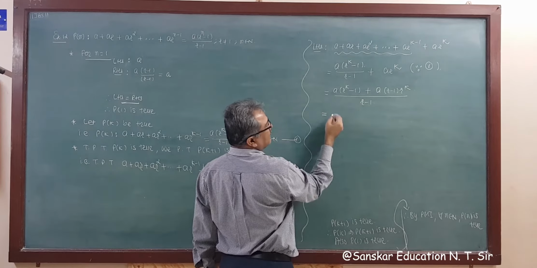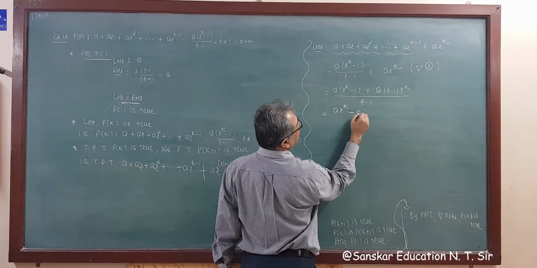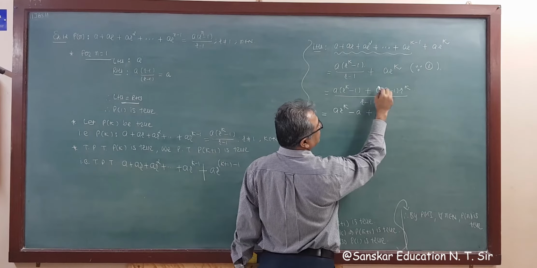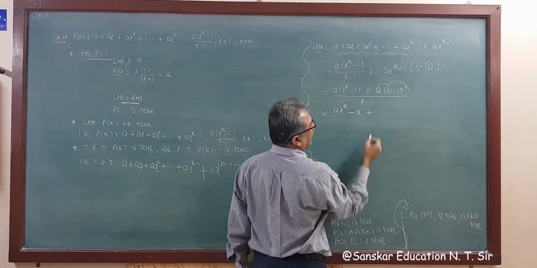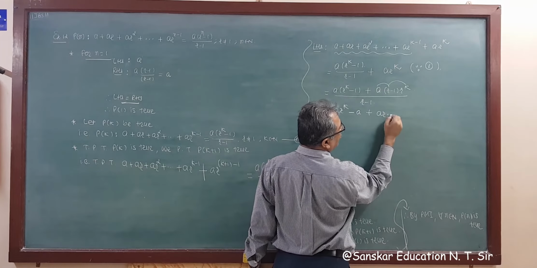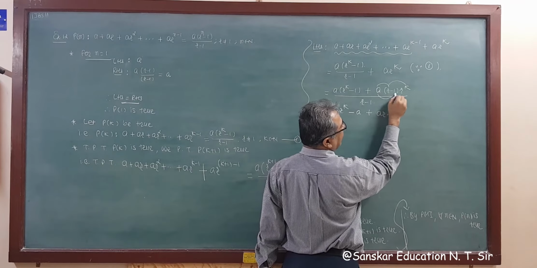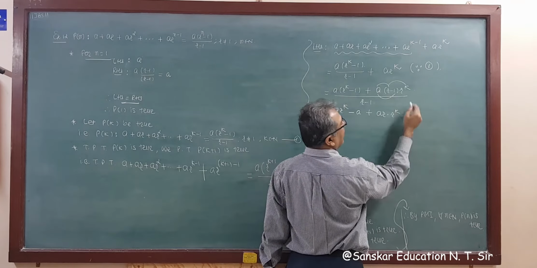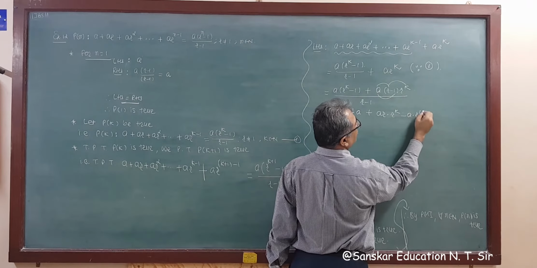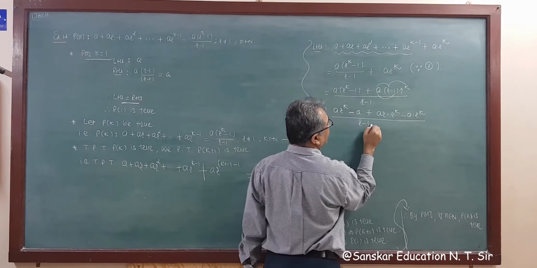So this is expanding: ar^k - a plus ar·r^k, and now multiplying a with this gives minus a, and also there is r^k, whole upon r - 1.